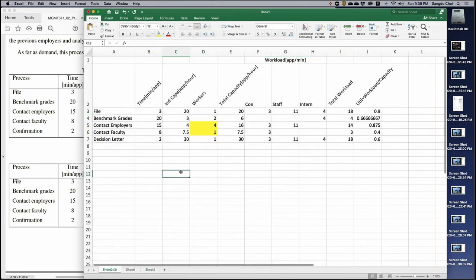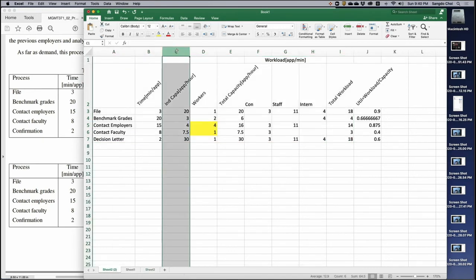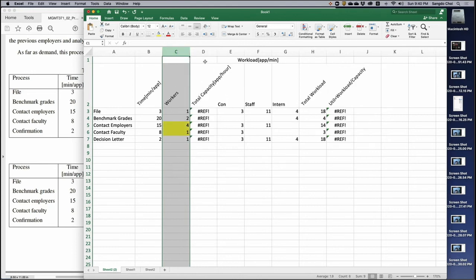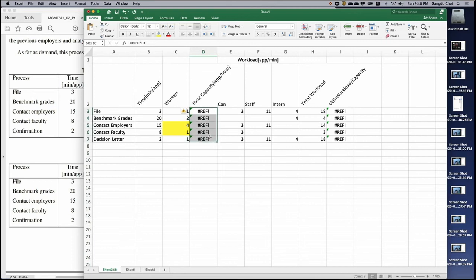For this case, we do not have this column. The total application will be a little bit different, and the total workload will be the same.